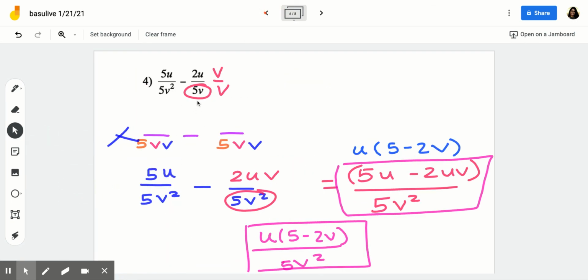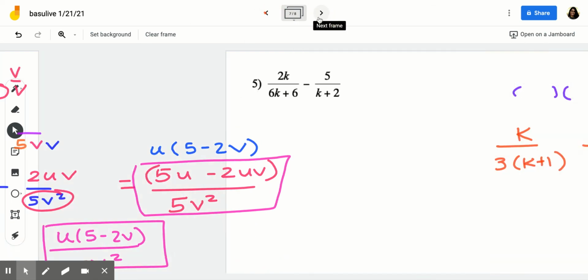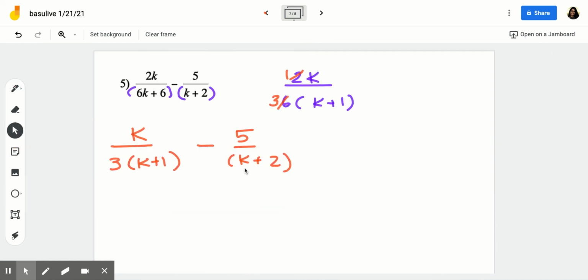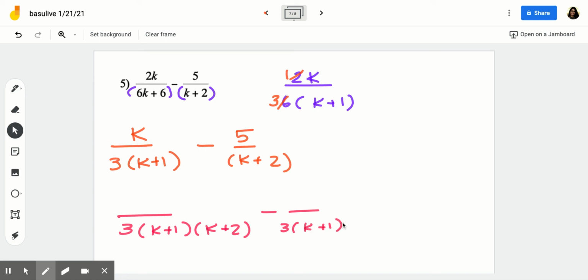But in this example, nothing matches, so my common denominator is going to be a 3, a k plus 1, and a k plus 2.